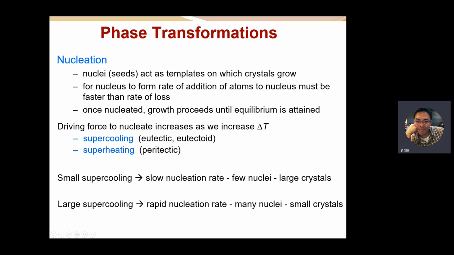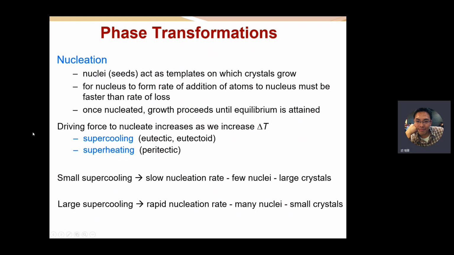Okay, so that's the process of nucleation. And the driving force to nucleate increases as we increase the delta T. The delta T represents the supercooling or superheating. I'll introduce what supercooling and superheating are later.